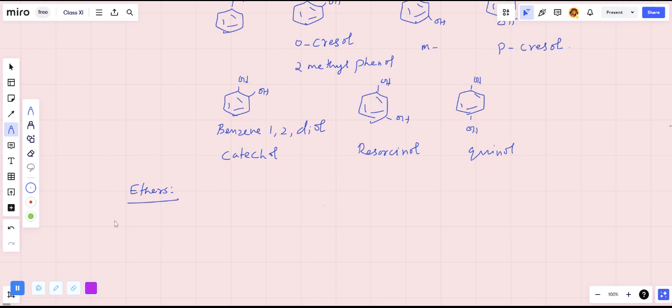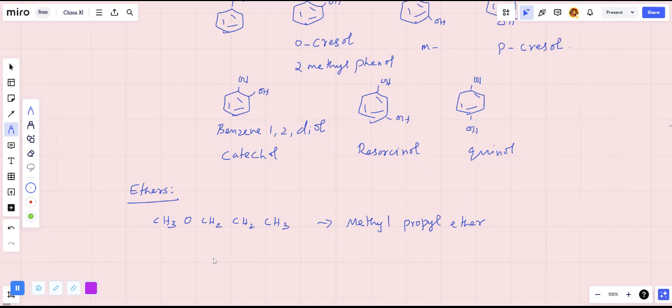For example, CH3O CH2 CH2 CH3. Here a propyl group is there, and here a methyl group is there. So how do you name this one? It's methyl propyl ether. This is a common name.